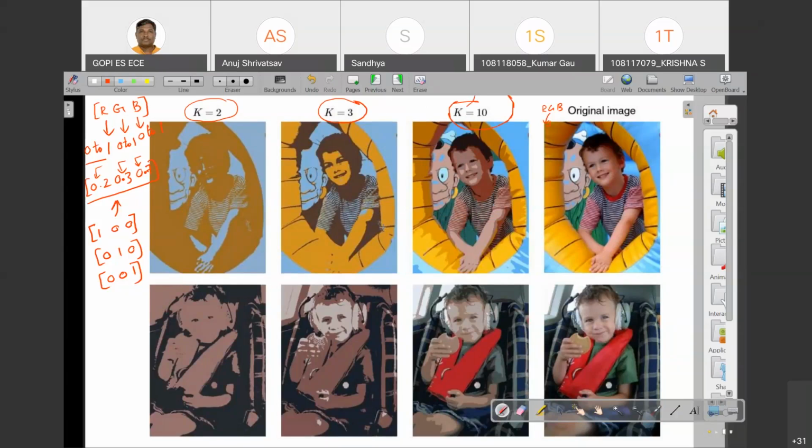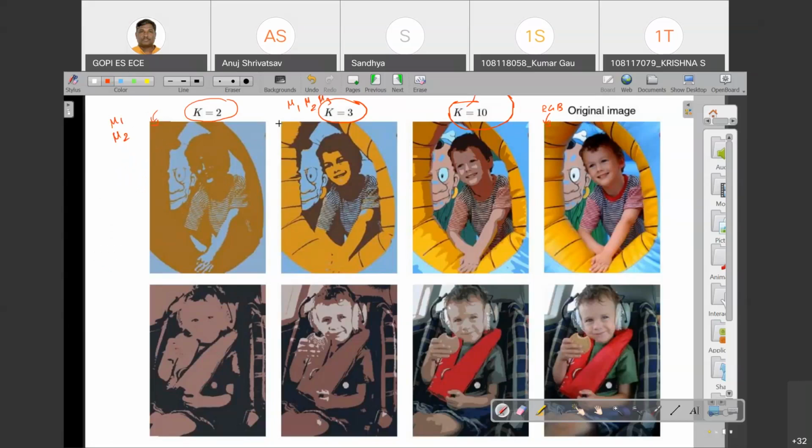What does that really mean? It means that in this case the pixel values will take one among the 2 values only. In the first case, the pixel values will take either mu1 or mu2. Only 2 centroids are there. And here we have 3 centroids, mu1, mu2, mu3.